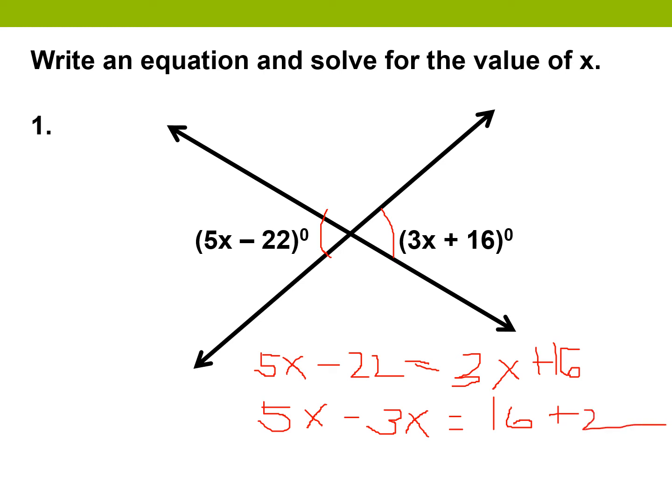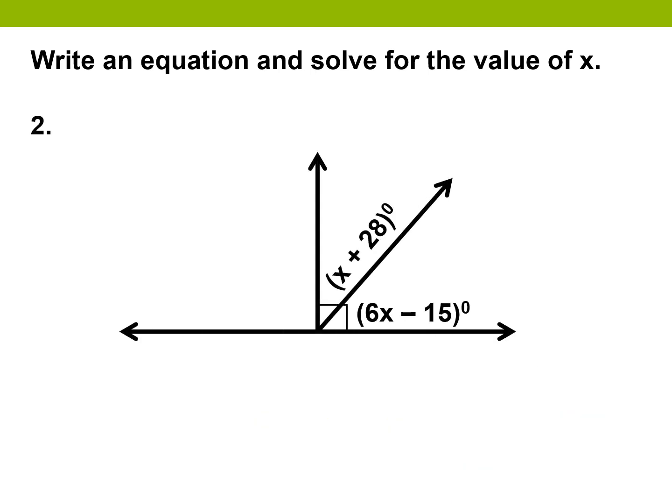So the answer will be 2x is equal to 38. Dividing both sides by 2, so x equals 19, right? Okay, so that is 19. Next. So how about the next one?